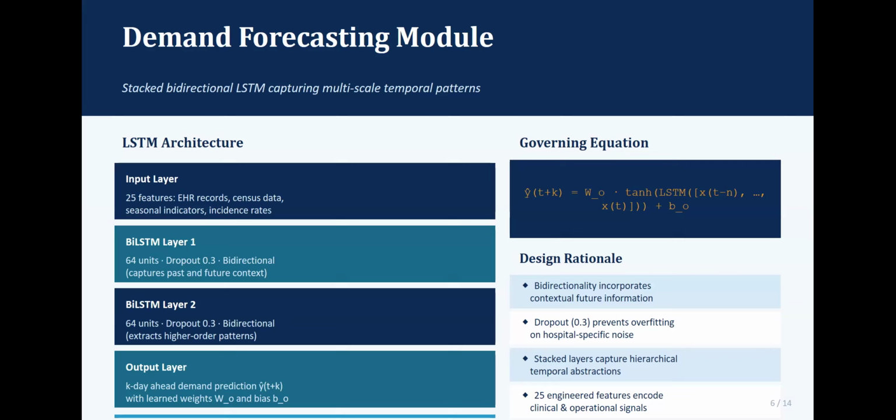Again, the second layer is LSTM with 64 units and dropout 0.3, which extracts higher order patterns. For the output layer, we had the kth day demand forecast, ŷ(t+k), which is governed by this equation.